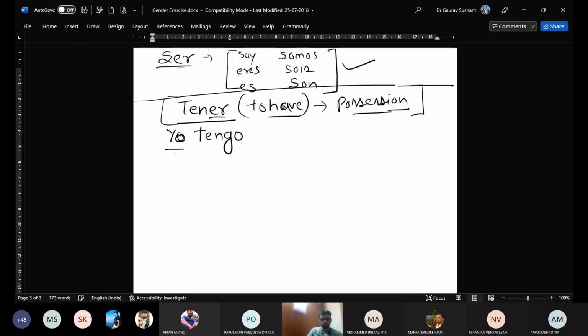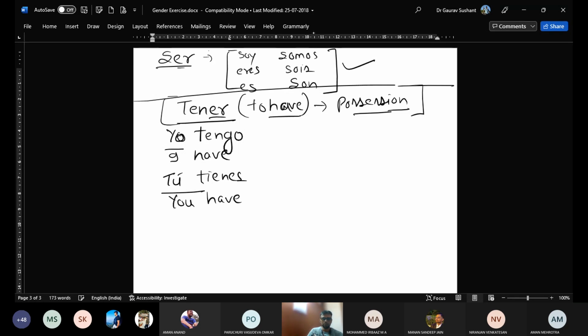So it becomes I have. Similarly, if you have the other subject, which is tú, which is you, the form of tener becomes tienes. So it is you have.